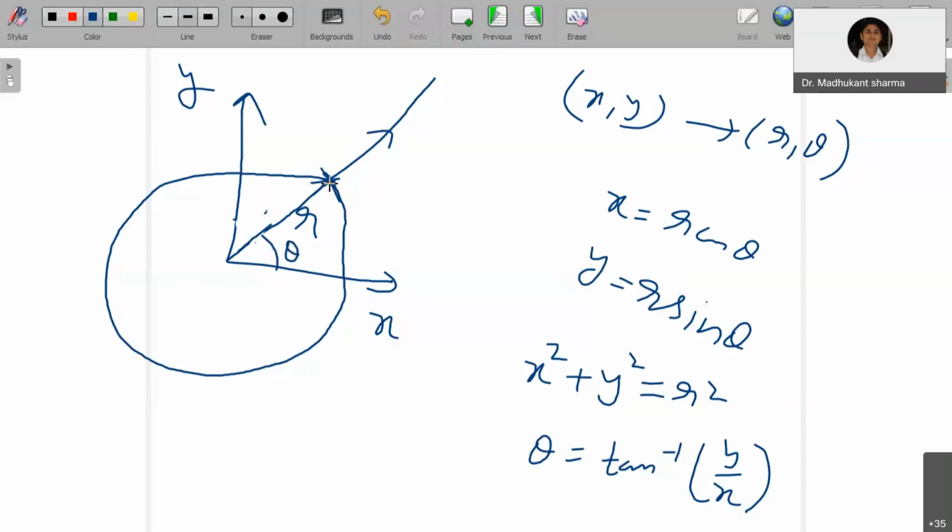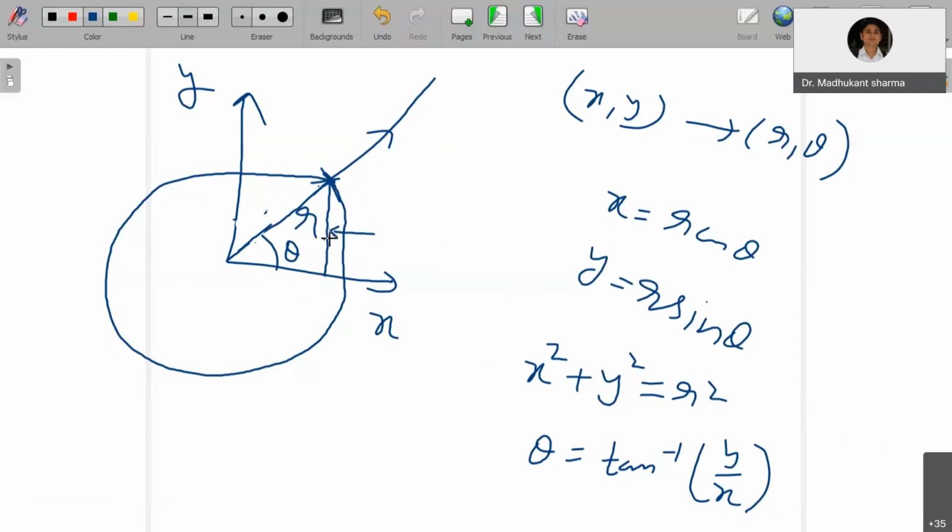Now you can use this result here to find the coordinates of this point. The length is r for this. This divided by this, what will it give you? Perpendicular divided by hypotenuse will give you sine theta, right?